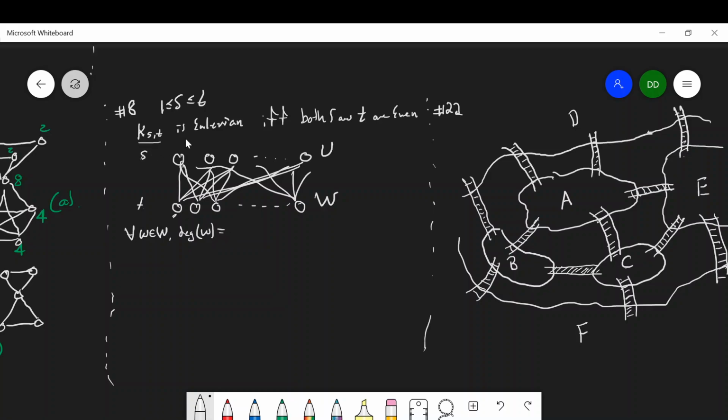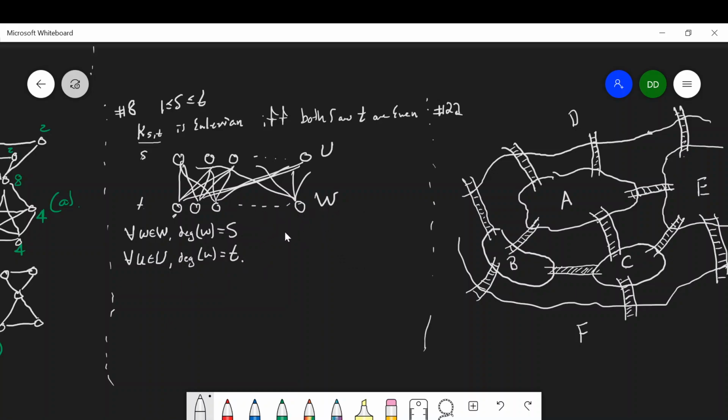Well, it's connected to everything up in U, and so it's S. And we can do the same thing for U. For all u in big U, the degree of little u is, well, it's the size of W, which is T.